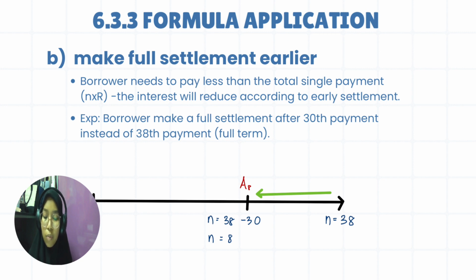So, for example, if the borrower makes the final payment after the 30th payment instead of 38 payments, she will reduce the payment and reduce the interest.